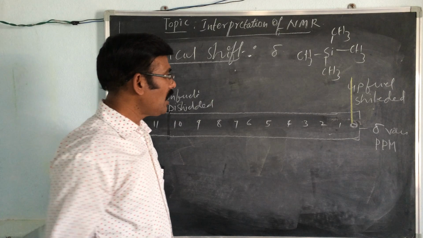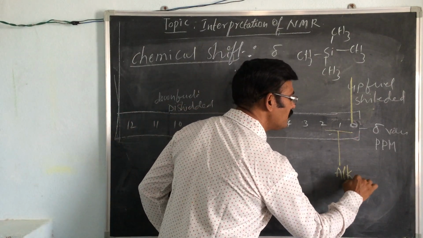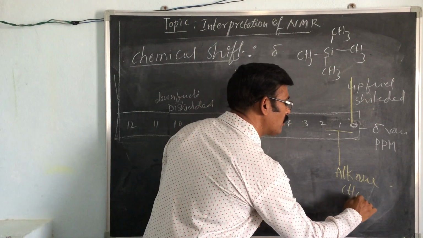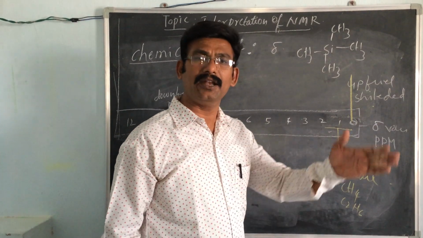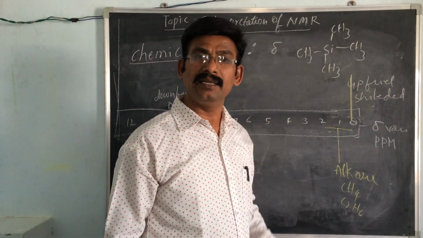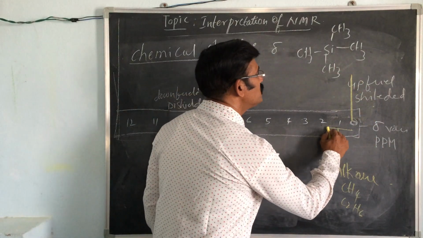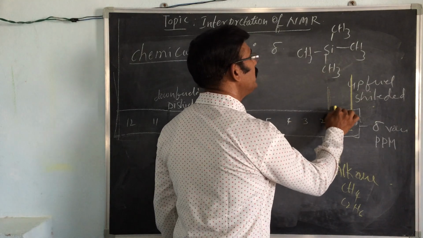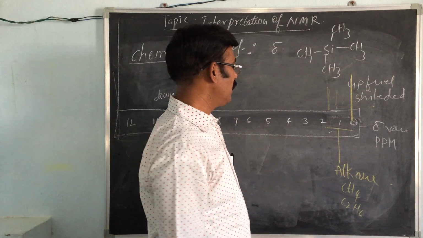And 0 to 1, all alkanes. Example, CH4, C2H6, methane, ethane, propane, butane, hexane, cyclohexane, petroleum products. All appear where? 0 to 1. All alkanes will come like this.